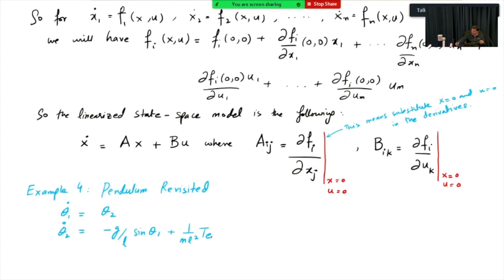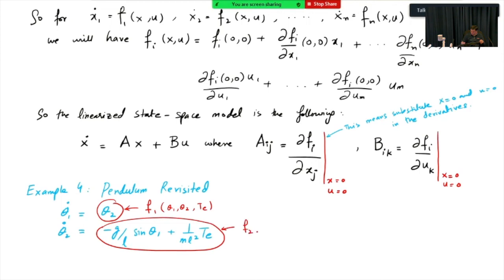Remember, here there's a nonlinearity because of this function sine of theta. If you look at this function now, you can say that this thing here is f1 of theta 1, theta 2, and TE, and this thing here is f2 of theta 1, theta 2, and TE.